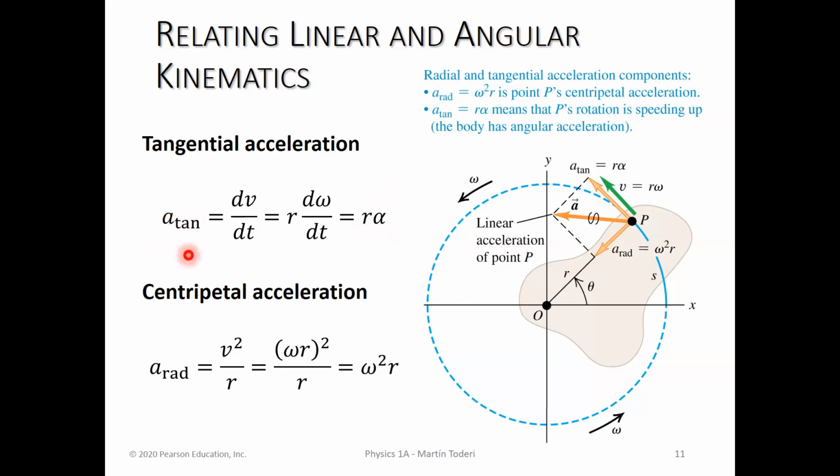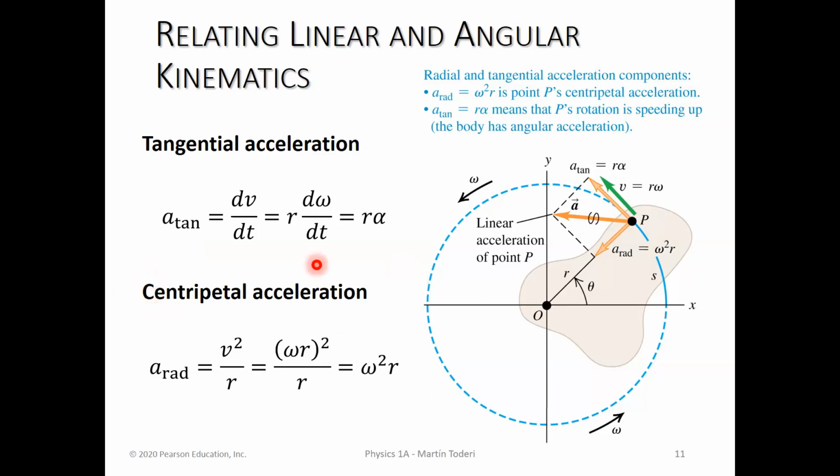So you see that the tangential acceleration, similarly to the tangential velocity, is linked to the angular acceleration by the radius, actually the distance of the particle P to the axis that is leading that rotation. All right, so this is tangential acceleration.